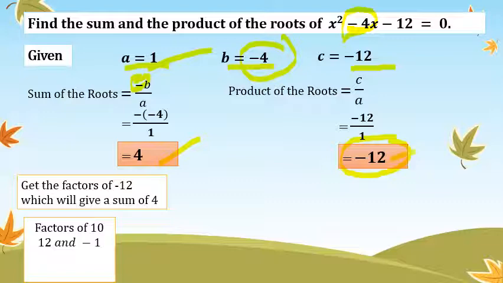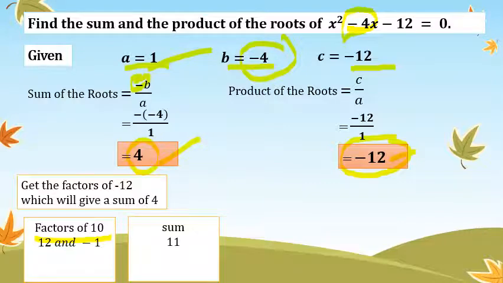So, pag negative, ibig sabihin, positive times negative or negative times positive, or nag-multiply tayo ng unlike sign. Okay? So, ano ba ang sum ng 12 and negative 1? So, 12 plus negative 1 is 11. So, hindi ito ang factors kasi ang hinahanap natin dapat kapag in-add 4 ang sagot.